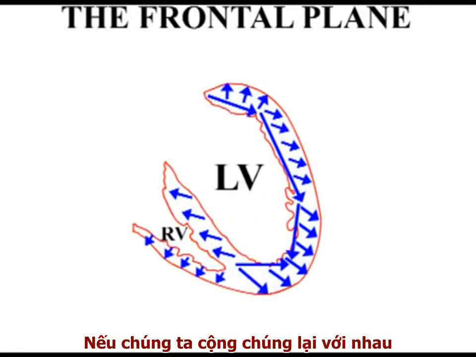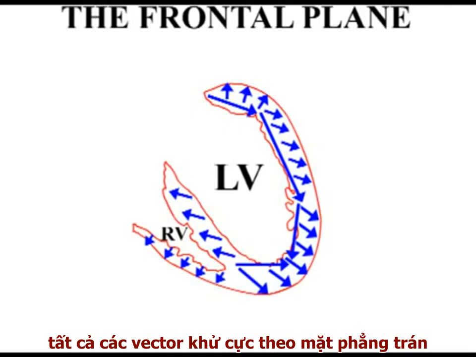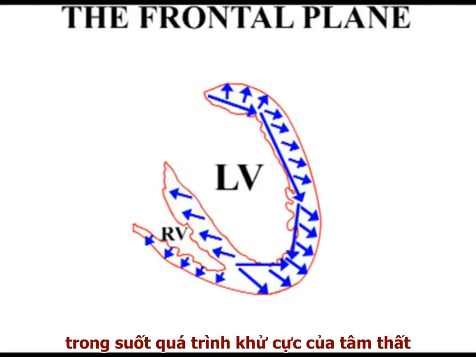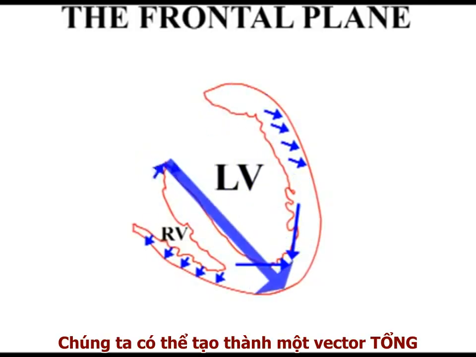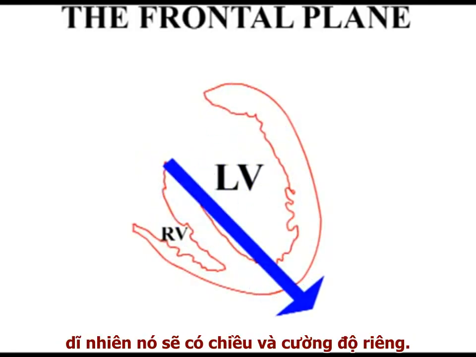If we add together all of the depolarization vectors occurring in the frontal plane throughout the duration of ventricular depolarization, we can generate an overall vector, which of course has a magnitude and direction.